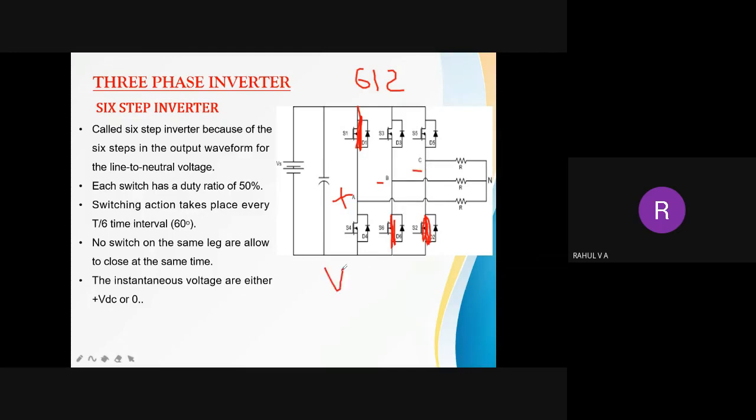Again we measure VAB, which is again positive. VBC now has the same polarity at both ends, negative, and since they are of the same magnitude, VBC is 0 voltage. Now VCA, the voltage at C with respect to A, is negative.